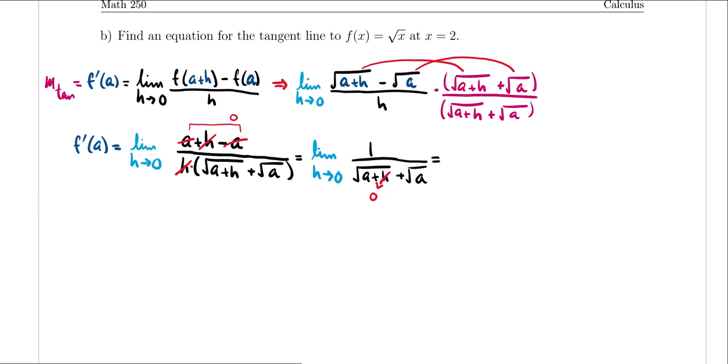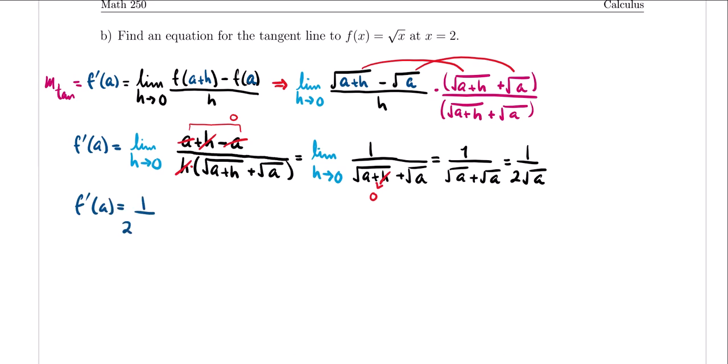So we're just left with 1 over the square root of a plus the square root of a, which gives us 1 over 2 times the square root of a. And there we go. Our derivative evaluated at a, any a, is equal to 1 over 2 times the square root of a. And this is telling us the slope of the tangent line at any a that we want.